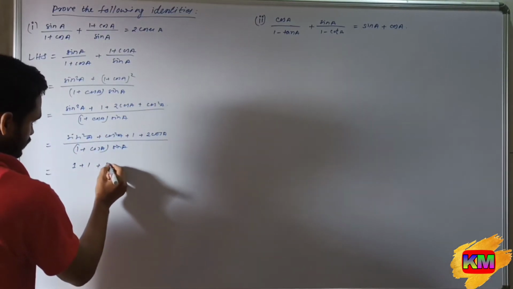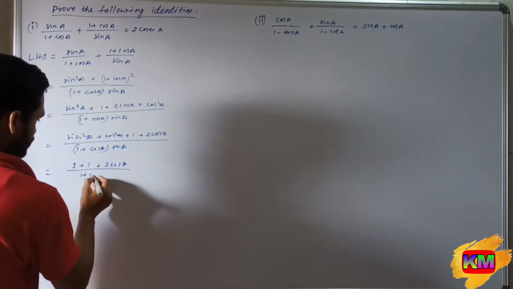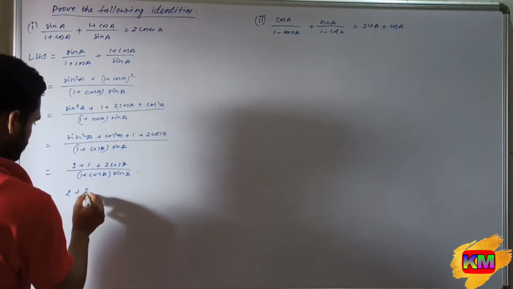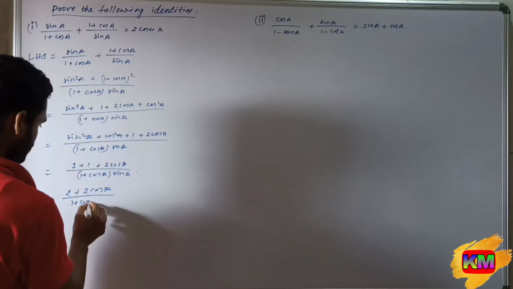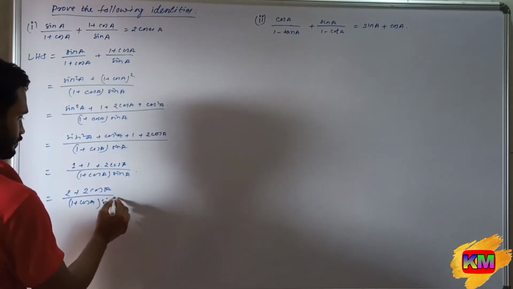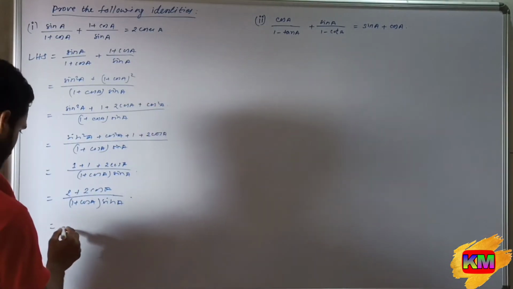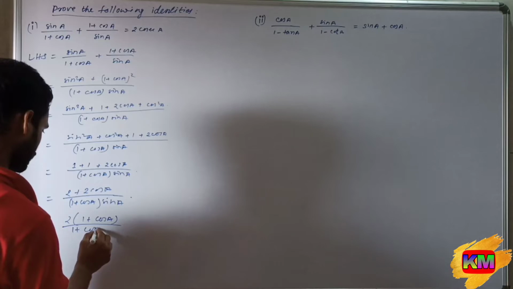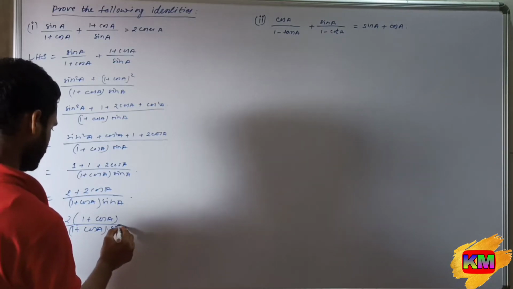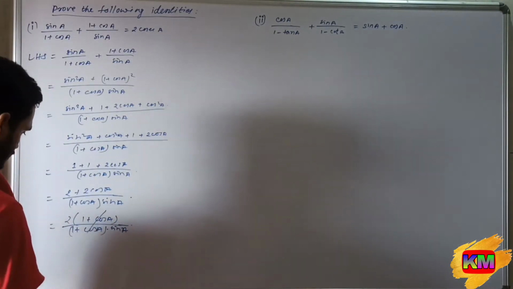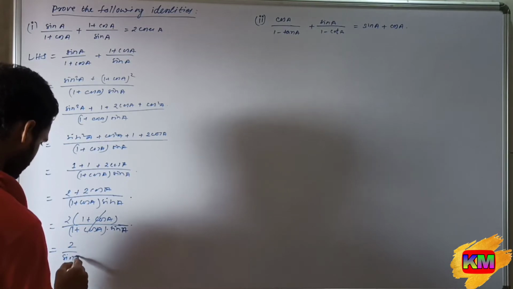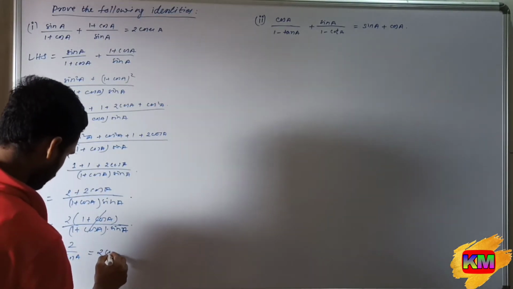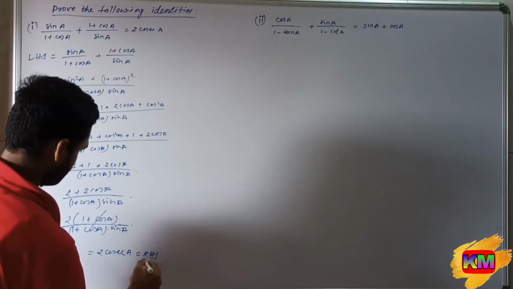So it will be 1 plus 1 plus 2 cos A upon 1 plus cos A into sin A. So 1 plus 1 equals 2, plus 2 cos A, divided by 1 plus cos A into sin A. Okay, so when we take 2 common, then we will get 2 into 1 plus cos A, divided by 1 plus cos A into sin A. So now 1 plus cos A will get cancelled and we will have 2 upon sin A, and we know that 1 upon sin A equals cosec A. That's why we can write it as 2 cosec A, which equals RHS. So it is proved.